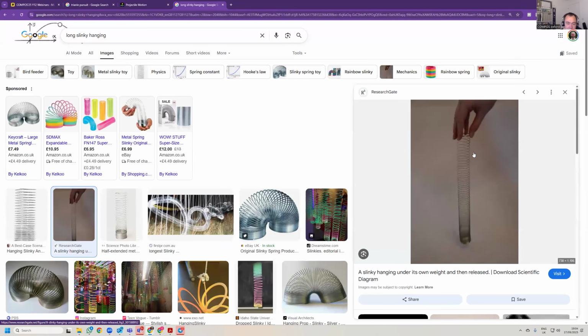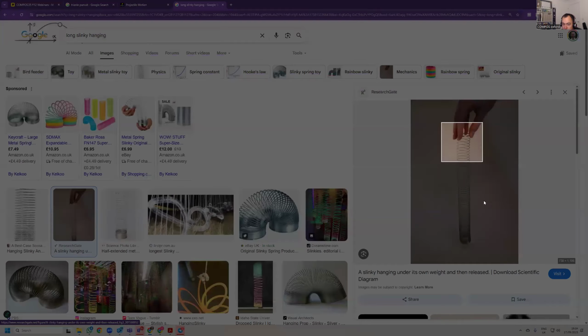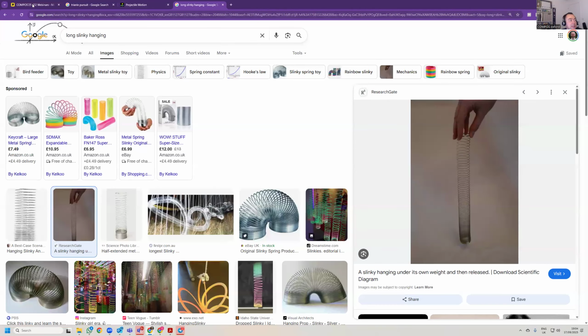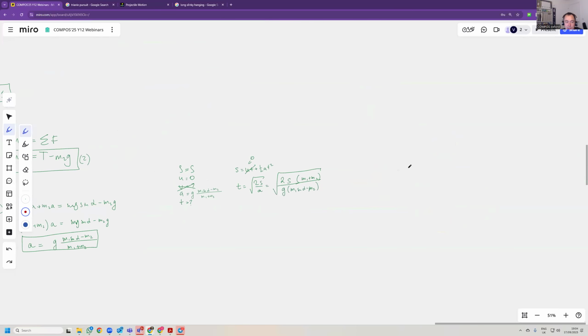Yes, you can see that at the top, this is a heavy rope effectively, it is more stretched out than at the bottom. And that tells you that the tension at the top is different from the tension at the bottom.